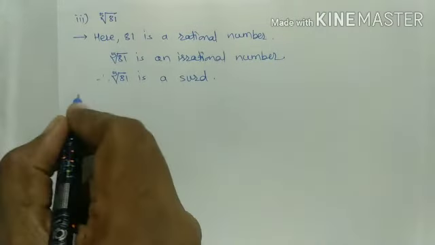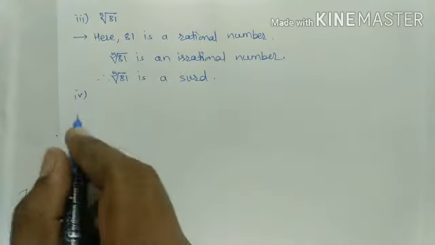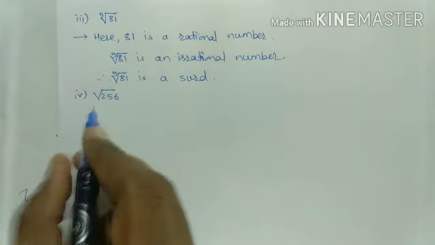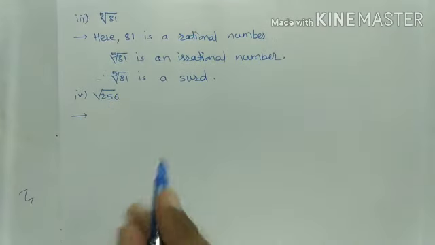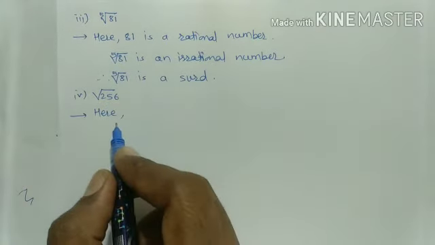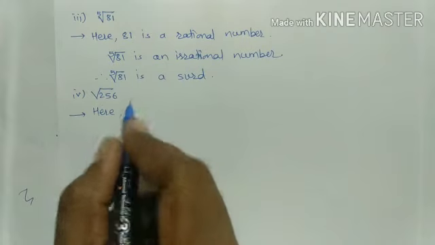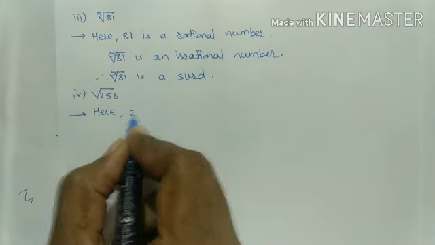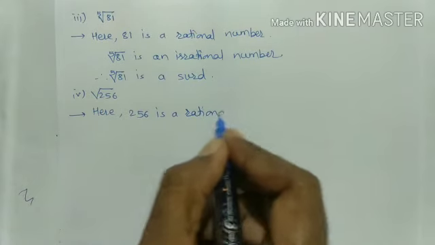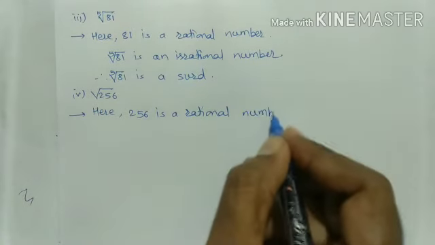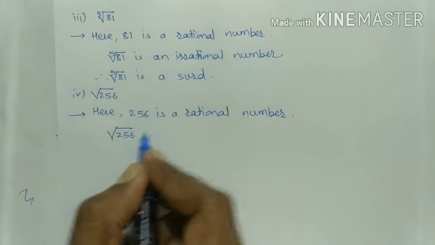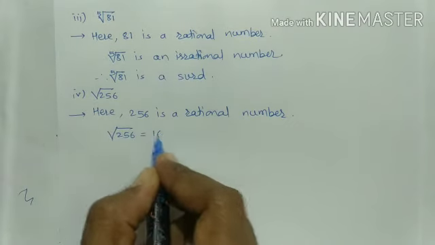Now the fourth example is the square root of 256. Here this 256 is a rational number, so I will write here 256 is a rational number, and the square root of 256 equals 16.